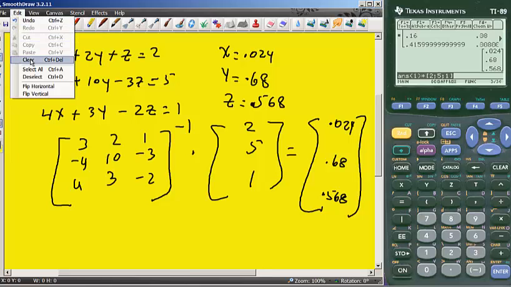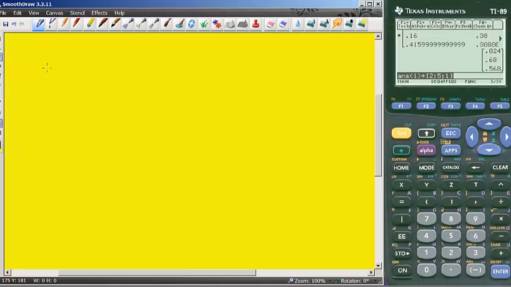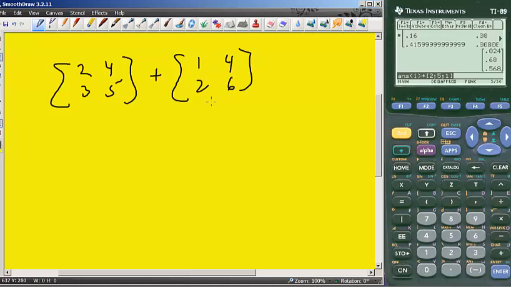We just did multiplication, so we'll do that for you. Let's make up a simple one: 2, 3, 4, 5, and I want to add 1, 2, 4, 6. So let's punch it in. We're going to go 2, comma 4, and semicolon, 3, comma 5, close the brackets, and then I'm going to add.